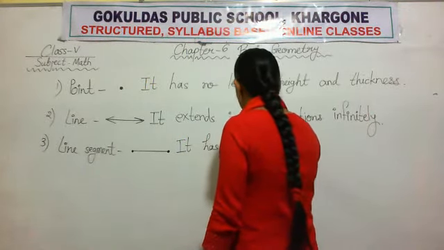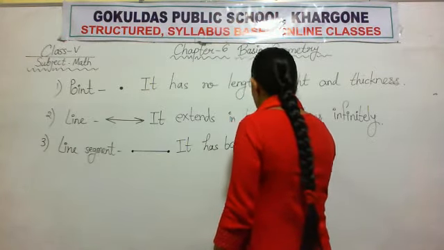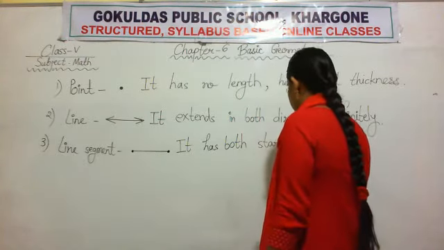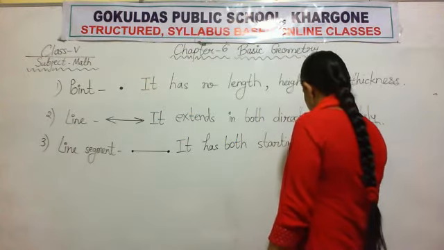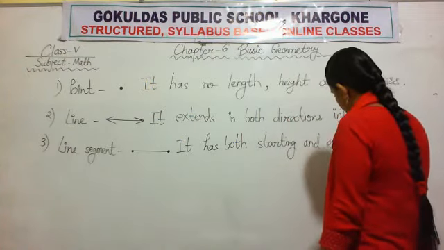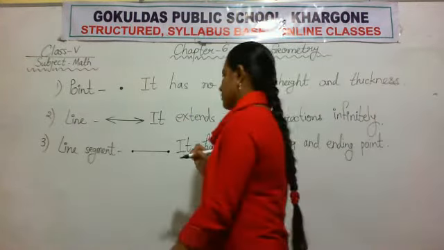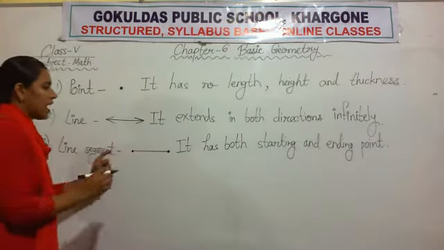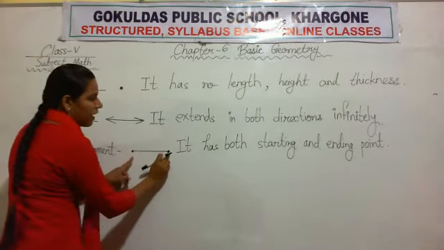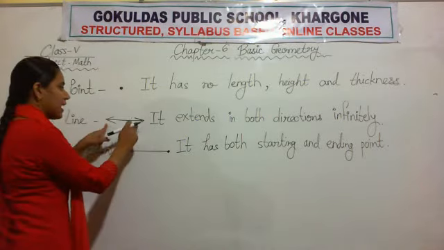It has both a starting and an ending point. It means a line segment has a starting point and one ending point, but a line has no starting point.